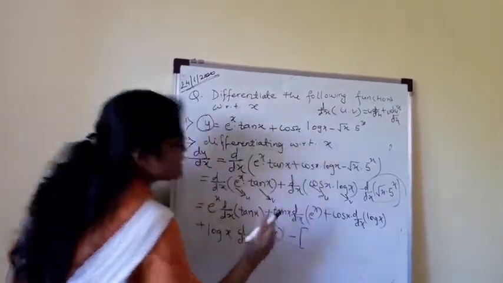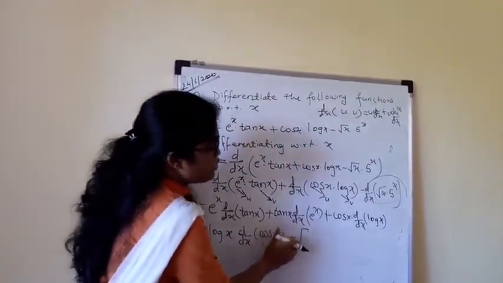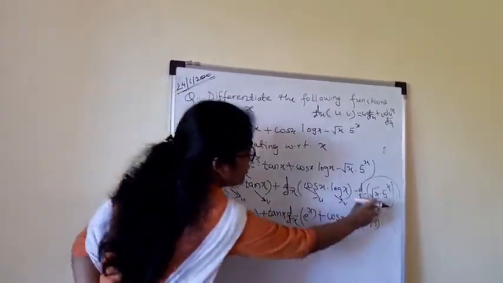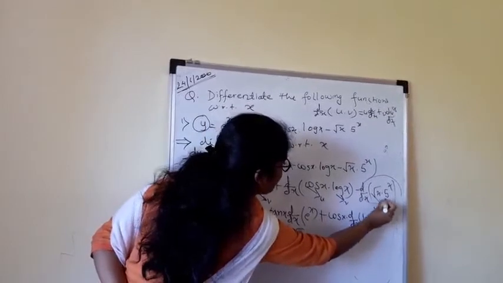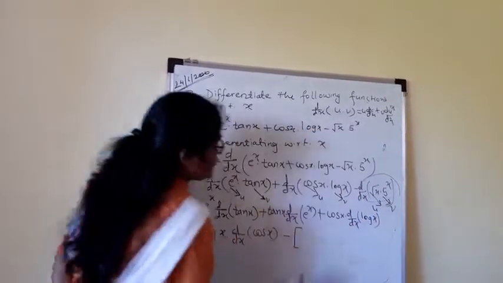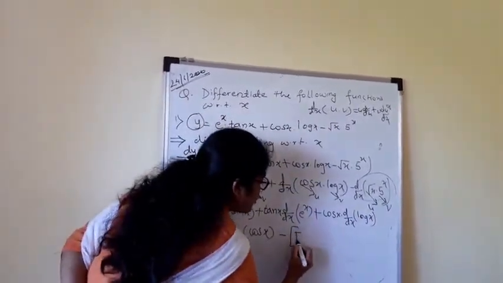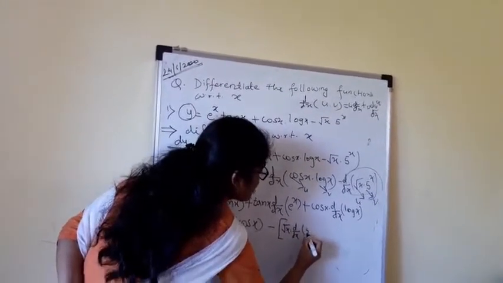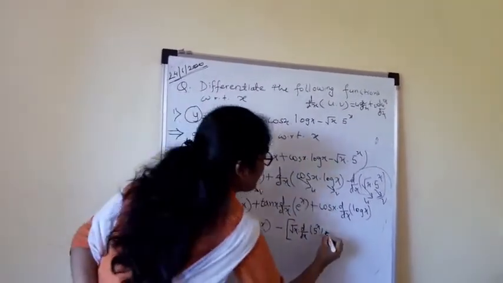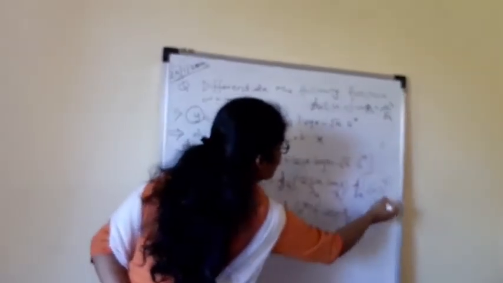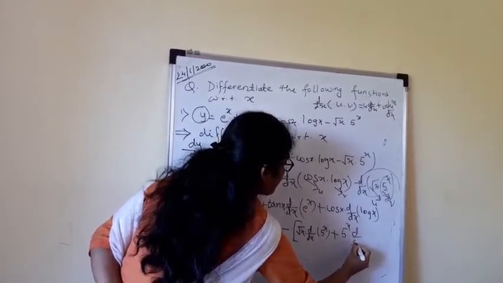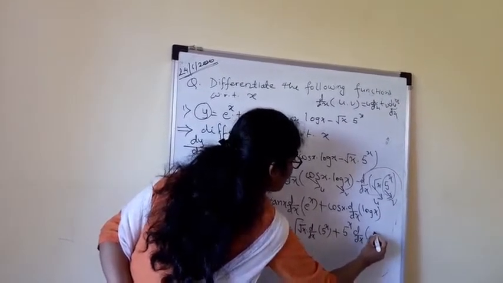We will write this in square bracket because the minus sign is outside of this function. So here u is this and v is this. So u as it is, derivative of 5 raised to x plus this v as it is, 5 raised to x as it is, derivative of root x.